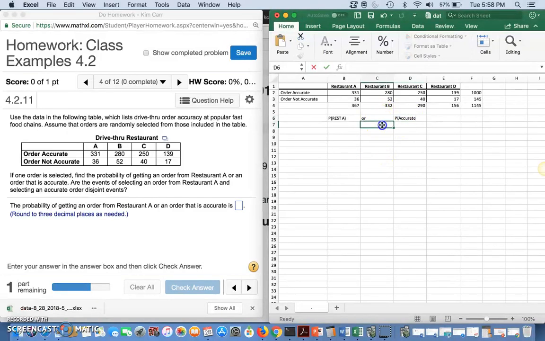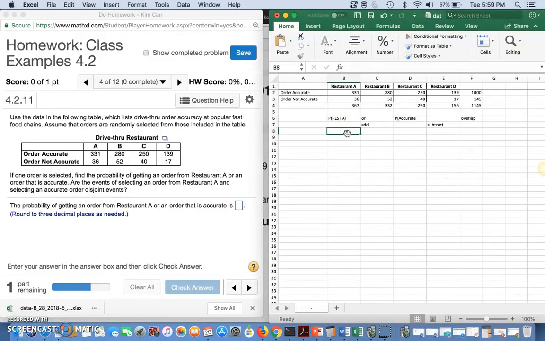Okay, so we have to add. When you add, you have to subtract the overlap. So we're going to talk about all of that.